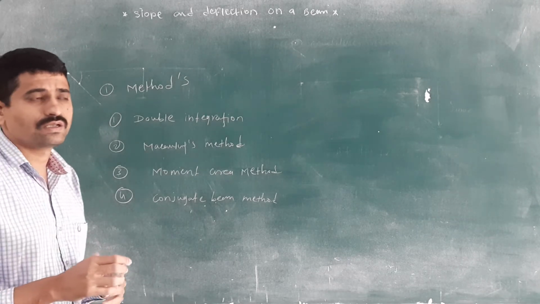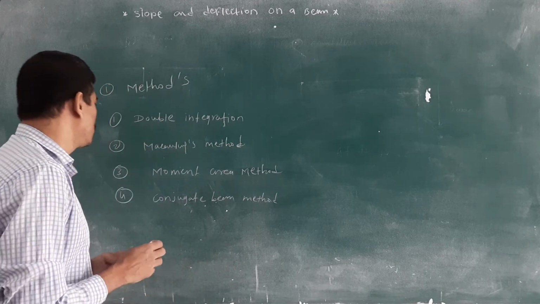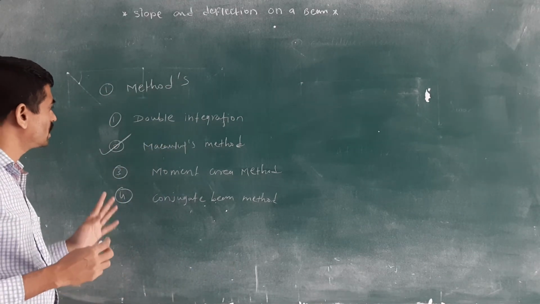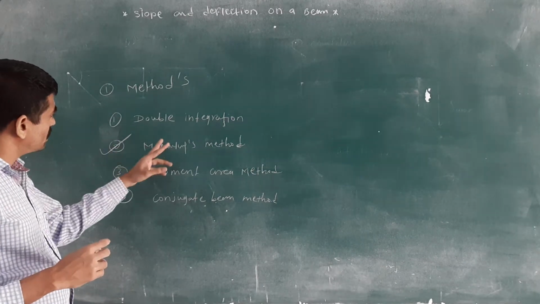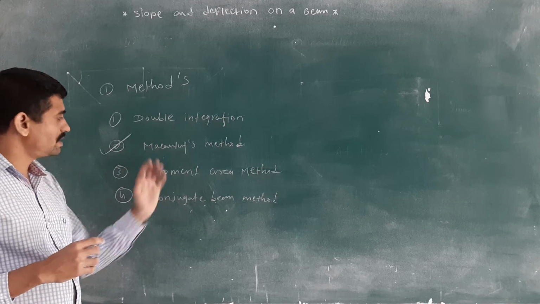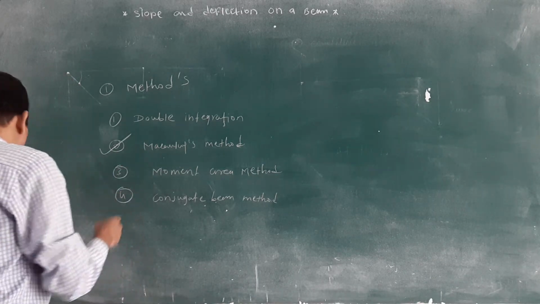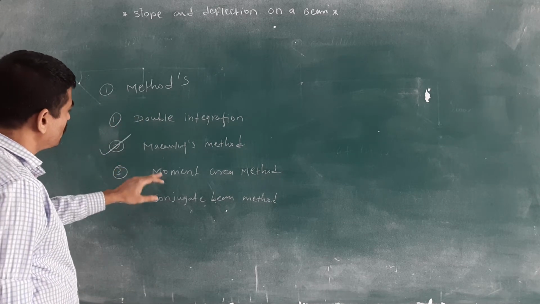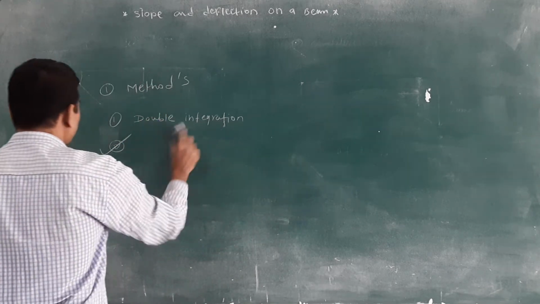But in your syllabus only one method is given, the Macaulay method, so here we will study only the Macaulay method. The double integration method is also the same as the Macaulay method. But you should remember the four names: double integration method, Macaulay method, moment area method, and conjugate beam method.